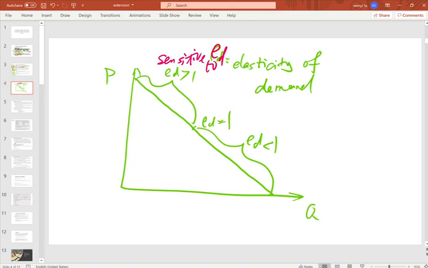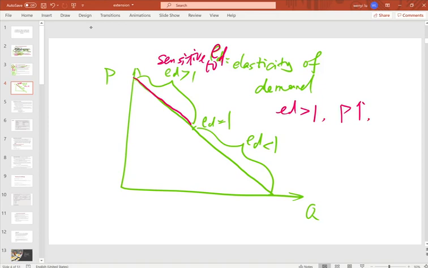For example, for this part, when the elasticity of demand is more than 1, what happened? When the price goes up, people will reduce consumption because the price is too expensive for them.